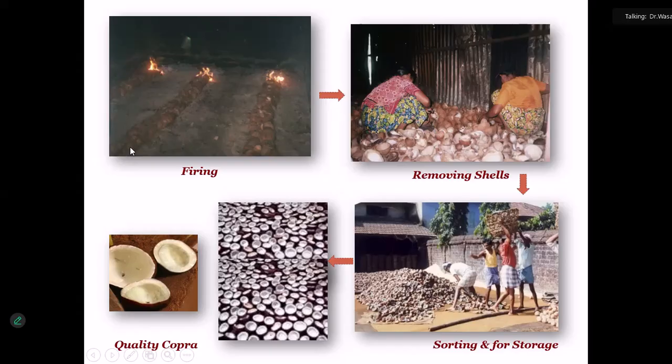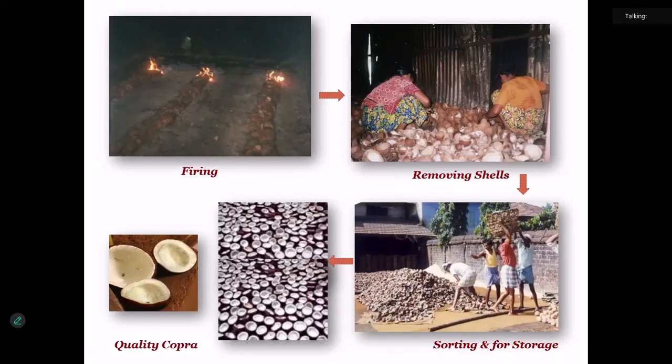That is one firing cycle. Normally, in a single batch, you do 7 to 8 smoking cycles over 5 days. We name it as smoking.